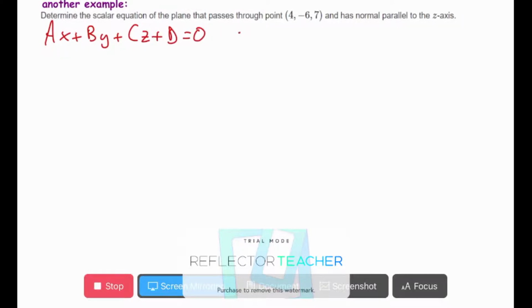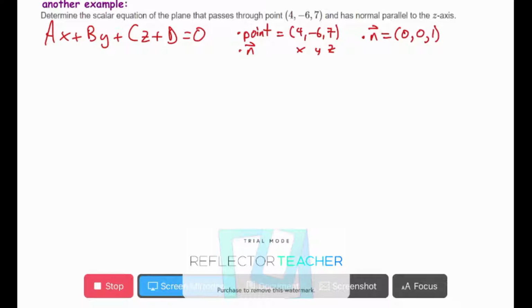We need a point and a normal vector n, and we have our point, my x, y, z value, and I have my normal vector, (0, 0, 1).